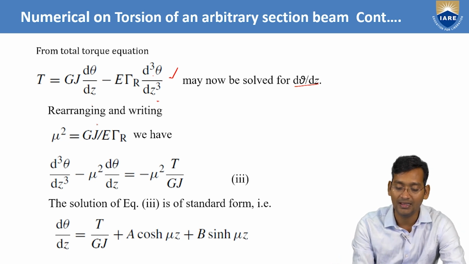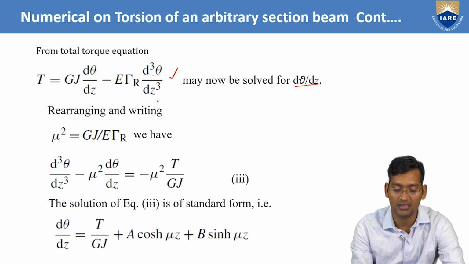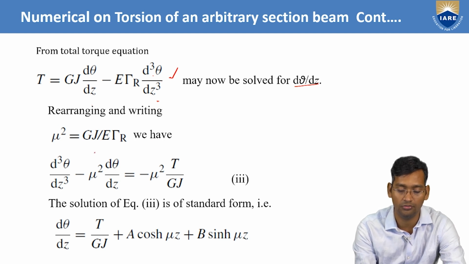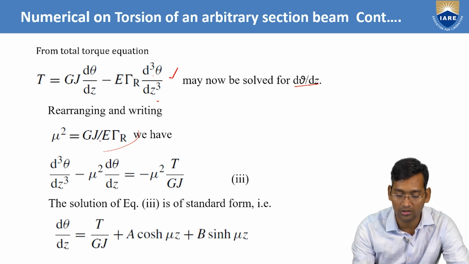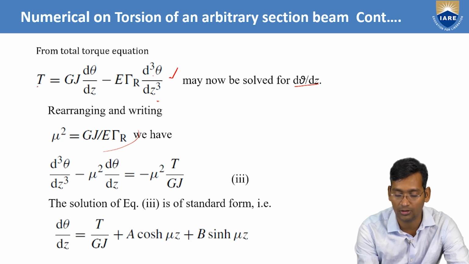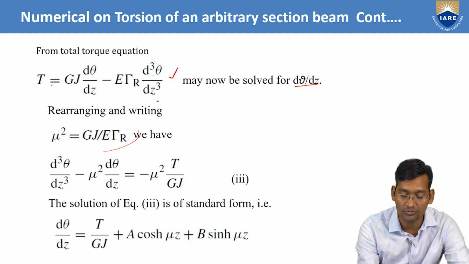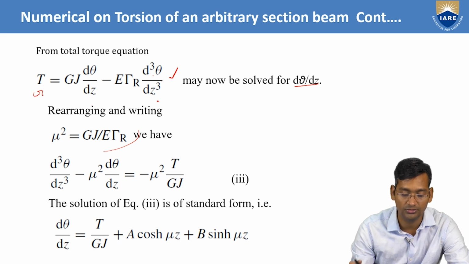Rearranging and writing mu square as GJ by E tau R, we have, for this, just assumed this. So now mu R square is this one. Just replace there. So what is here? T is there only. From this we can write T by GJ.